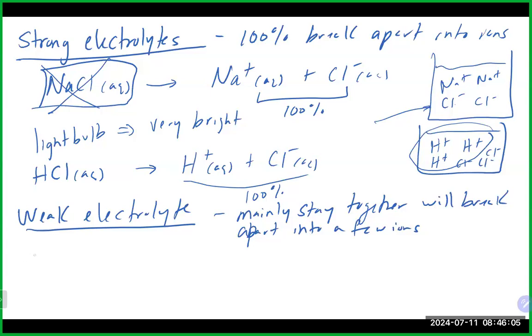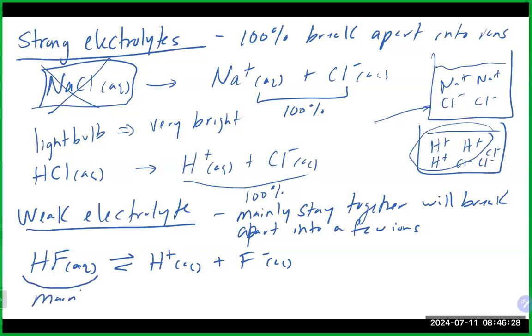So if you take something like hydrofluoric acid, which is actually a weak acid, and you put that into solution, it will break apart into H plus and F minus. The difference, though, between, say, hydrofluoric acid and hydrochloric acid is what you have in solution is mainly the HF units still together. So mainly what you have floating around in that solution is HF still together. You have a little of these guys floating around.